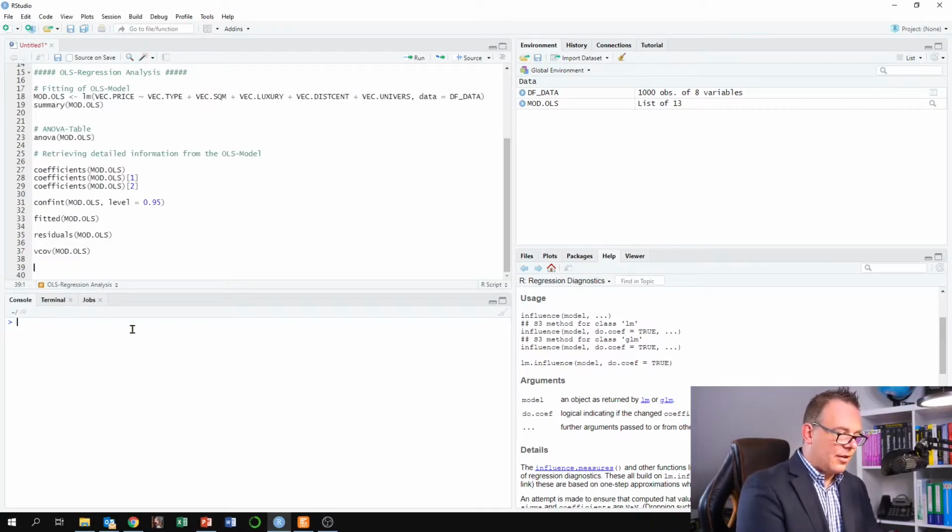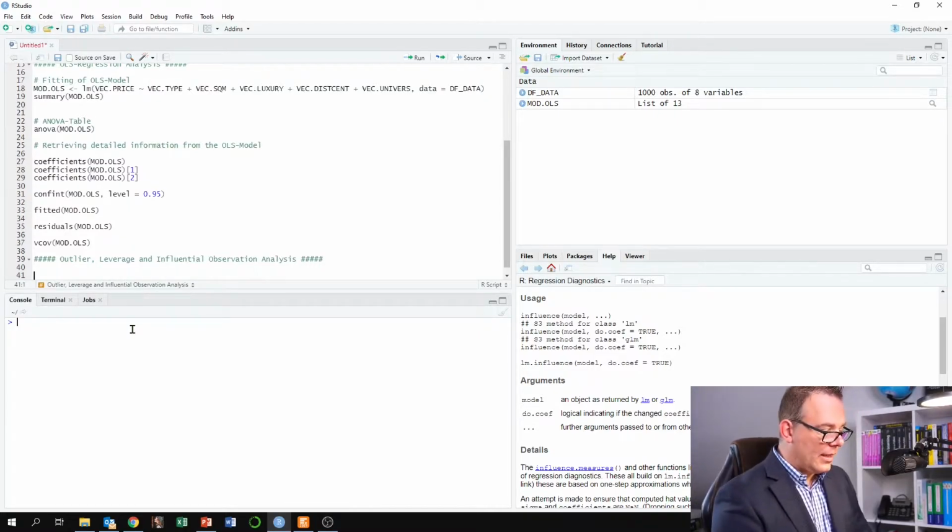Okay, I've just arrived again in RStudio, and now I would like to do some outlier, leverage, and influential observation analysis.